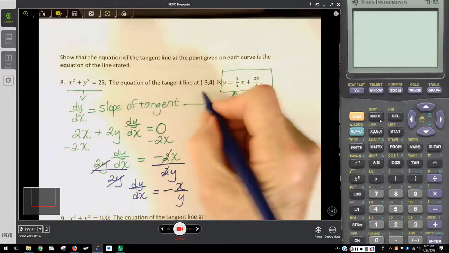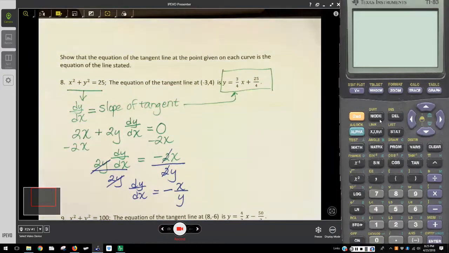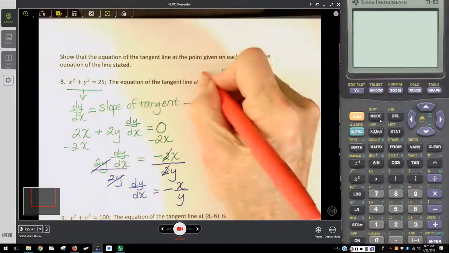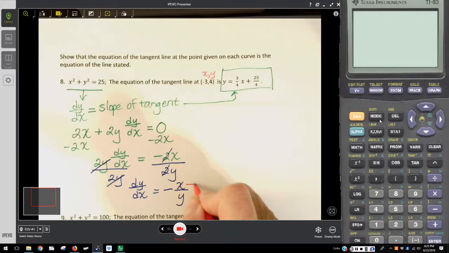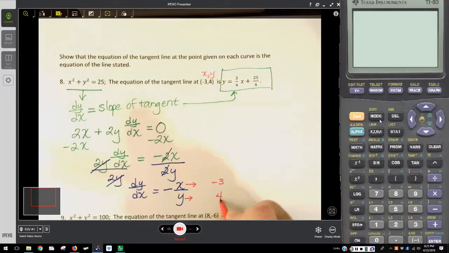And because we are told an x and a y pair, then we know that x is actually negative 3, and we know that y is actually positive 4.